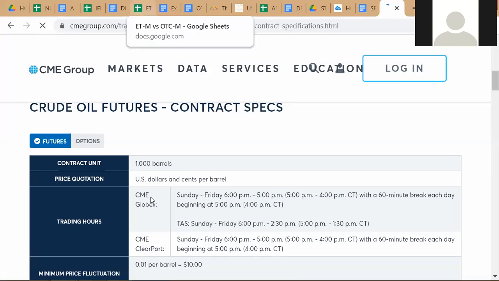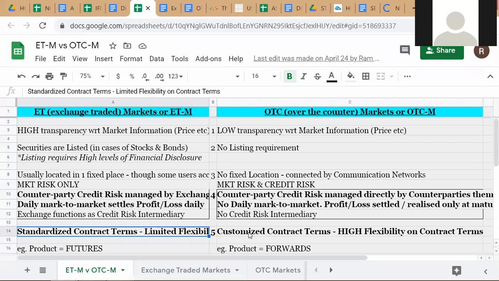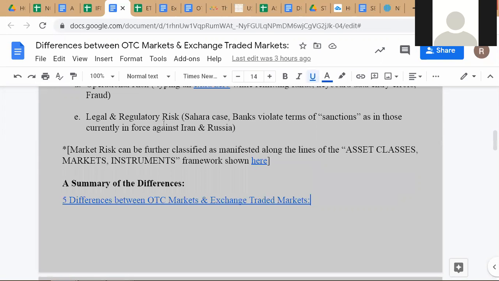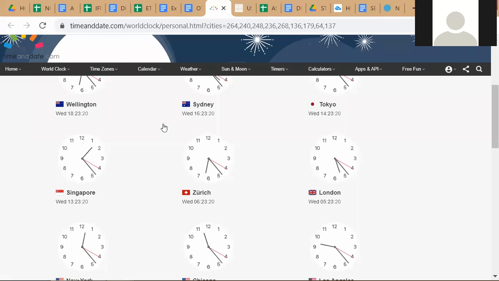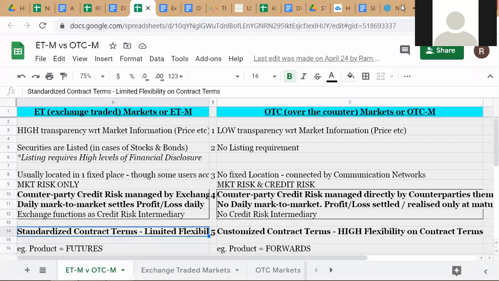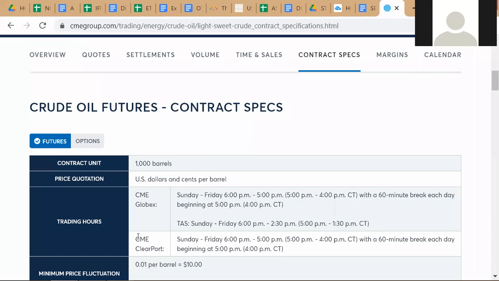So straight away you can start to see what is meant by this point. Customized contract terms versus standardized contract terms. So that is one of the important differences. So you can see in OTC markets you had customization, and now you have standardized contract terms.